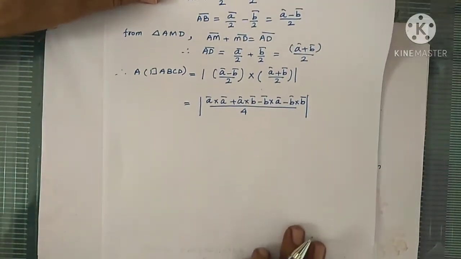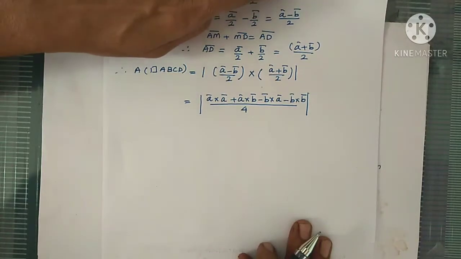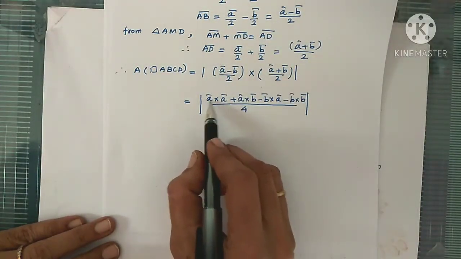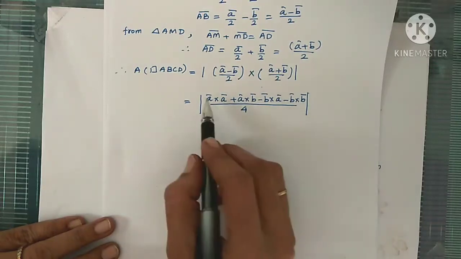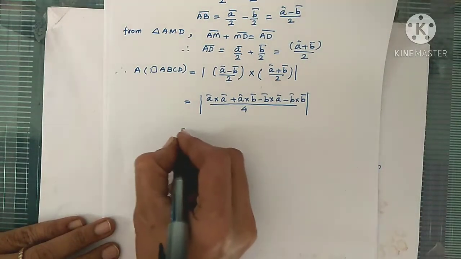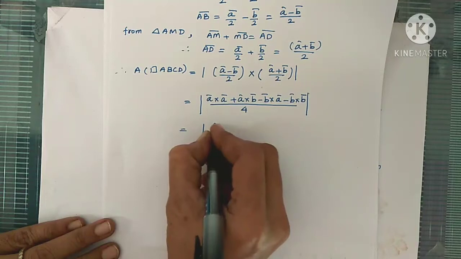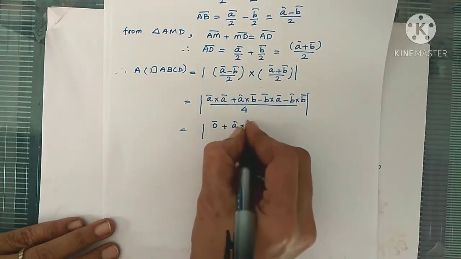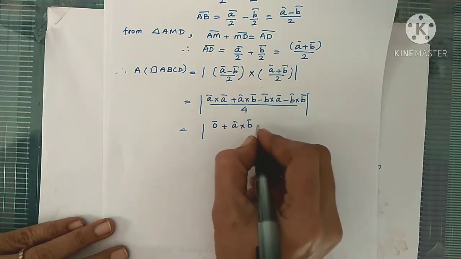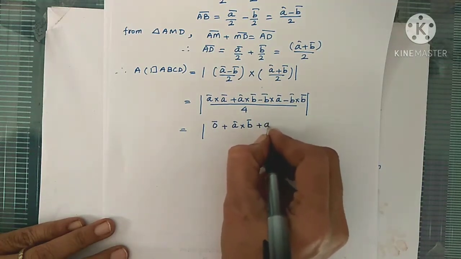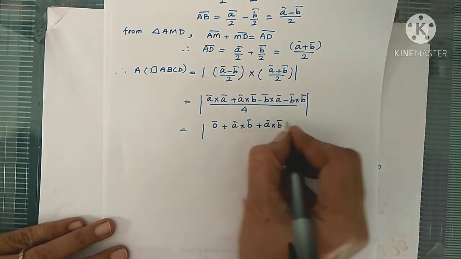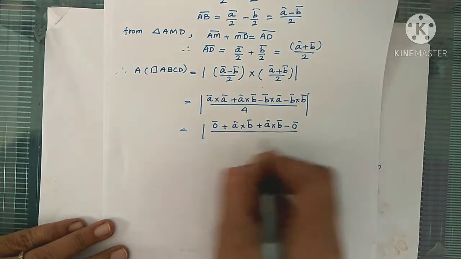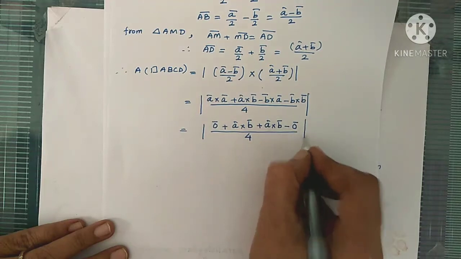Now let's use properties of the cross product. The first property we are using is that the cross product of a vector with itself is 0 bar. So these two terms become 0 bar, plus A bar cross B bar. Let's interchange the terms, so the sign changes and it becomes A bar cross B bar plus A bar cross B bar, and B bar cross B bar is also the 0 vector, divided by 4.